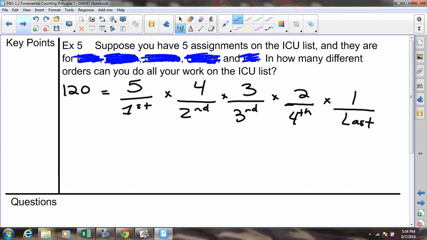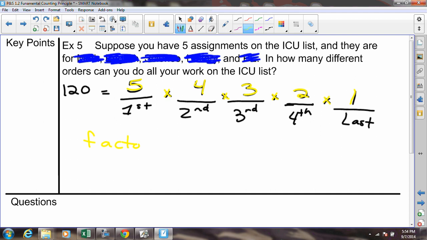I would like to point something else out here. We have the answer of 120. That finishes the problem. That's awesome. But I'd like you to notice the pattern in the numbers. 5, 4, 3, 2, 1. How you're just counting backwards. When you do this, where you count backwards and multiply, that was our last vocabulary word.